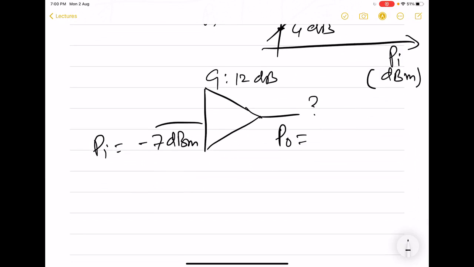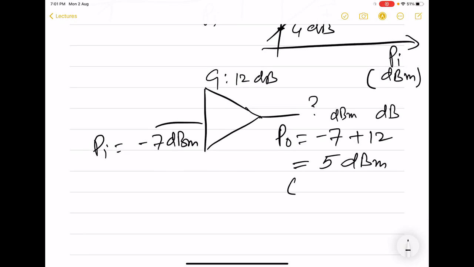So this output power is -7 plus 12. Here we won't have to worry about the unit. Actually, this is going to be in dBm and this is going to be in dB. Yet we will simply add them and get the number. So this is going to be 5, and this 5 unit is going to be dBm. And this will be slightly more than 3 milliwatts of power.